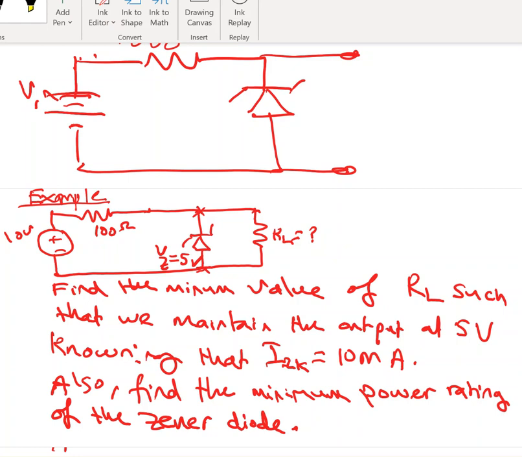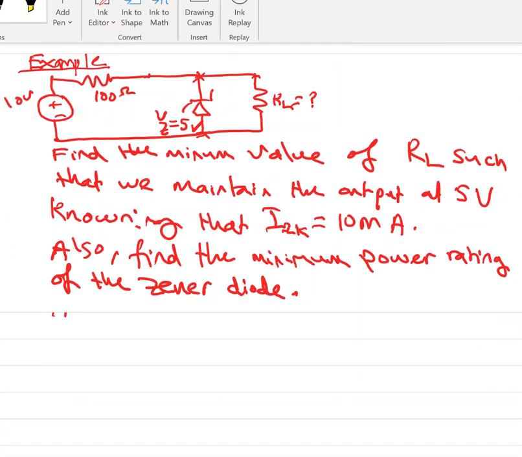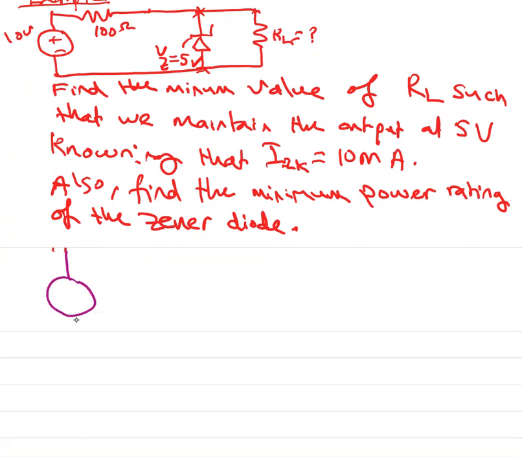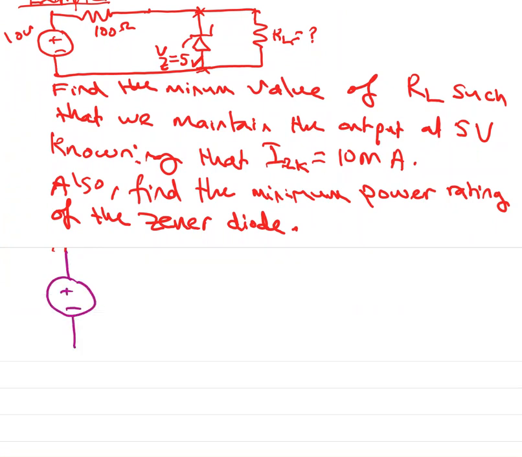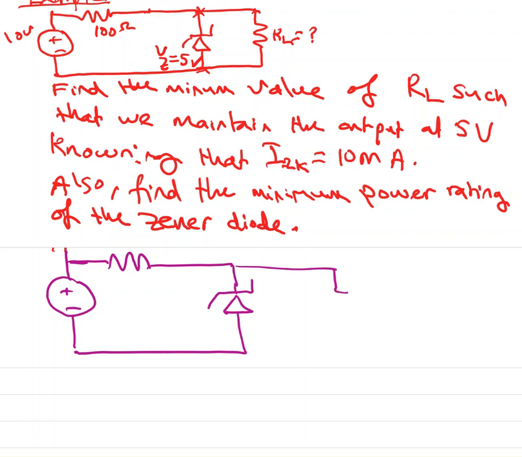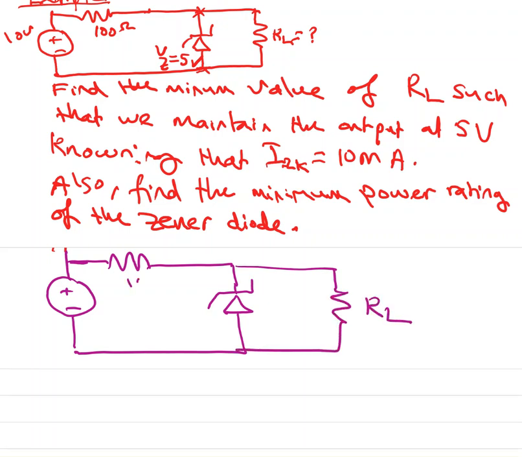Let me redraw it again. This is what I have: plus minus, I have this resistor, I have this Zener diode, and I have this load called RL, and this is 100 ohms.